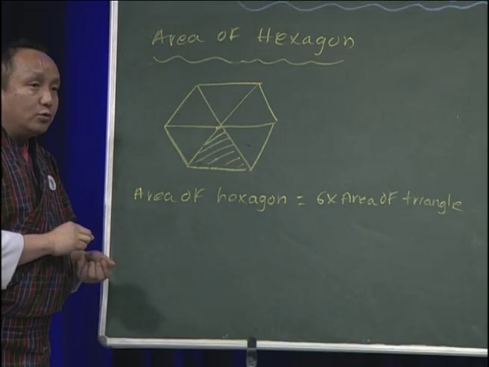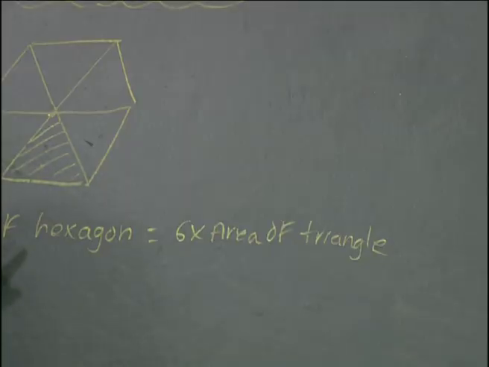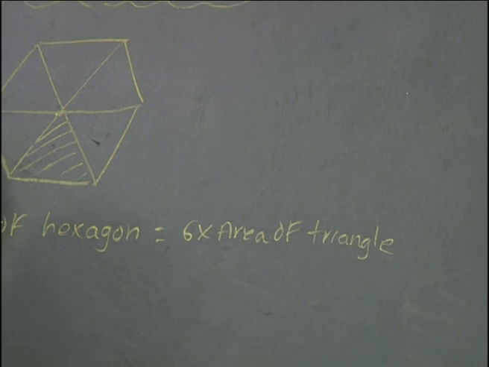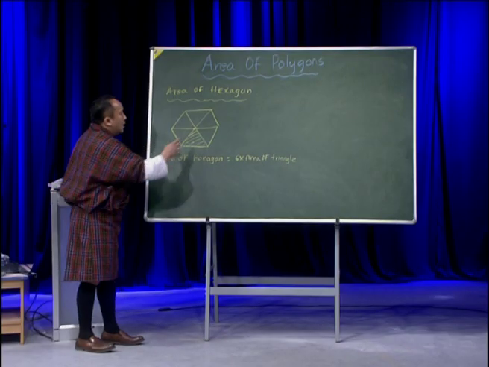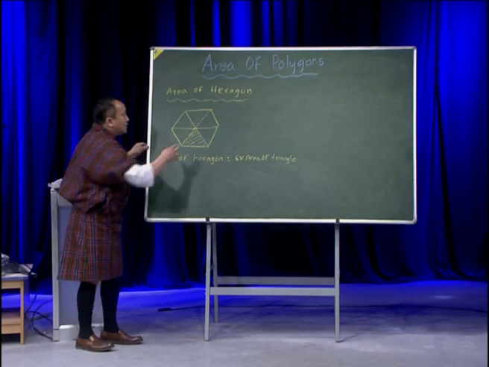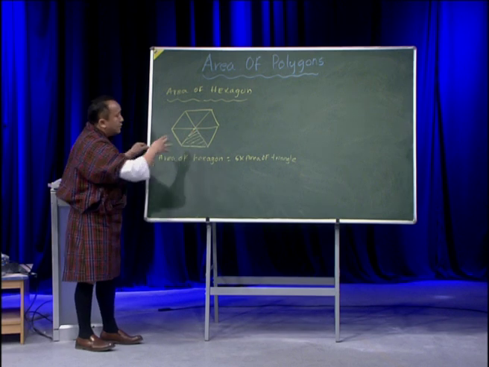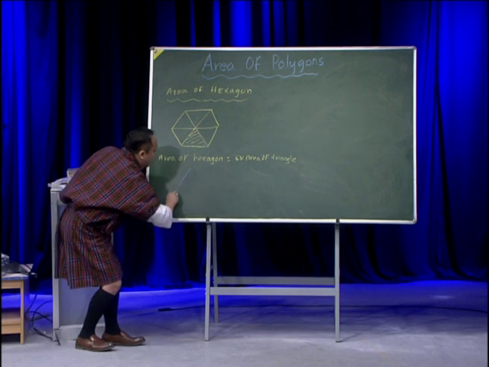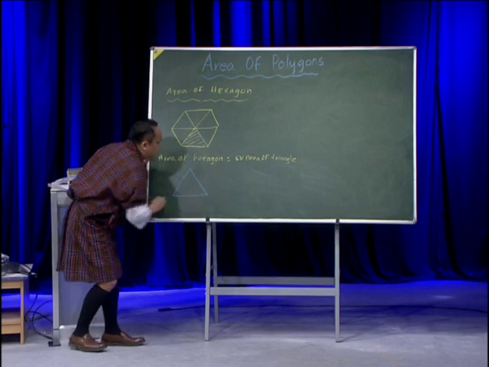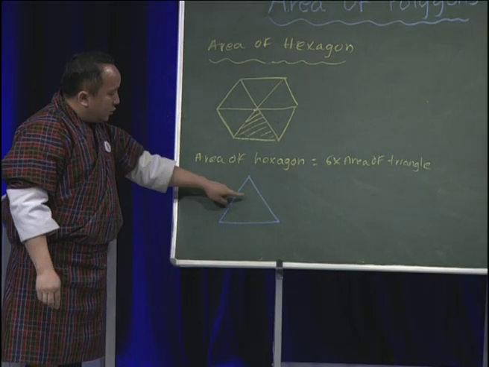So what should you do right now? First of all, let us determine the area of one of the triangles. Just to understand more, let me take out one of the triangles from this one. Let me make it bigger so that you'll understand it more. So look at this one.